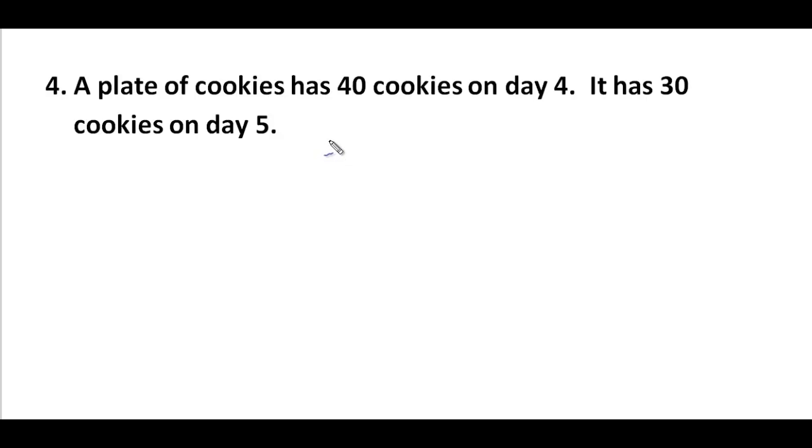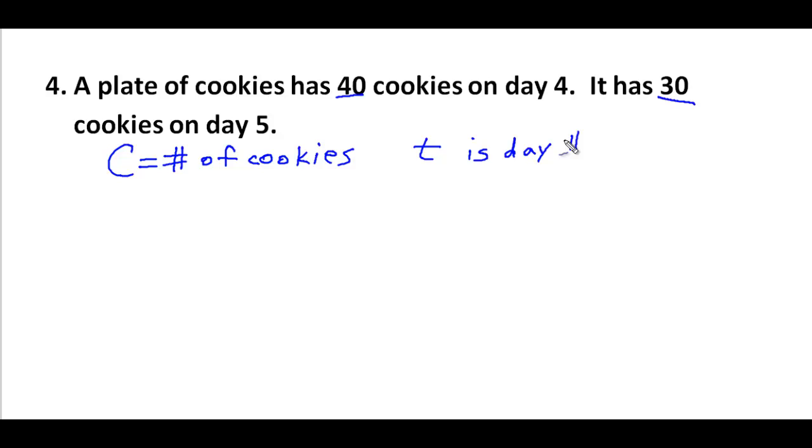So what does that mean? What are we multiplying by each day? Well, we need to get from 40 on one day to 30 on the next day. Let's play around with this model and see what happens. So let's do C equals number of cookies, and t is day number. Now we can do this a couple of different ways.